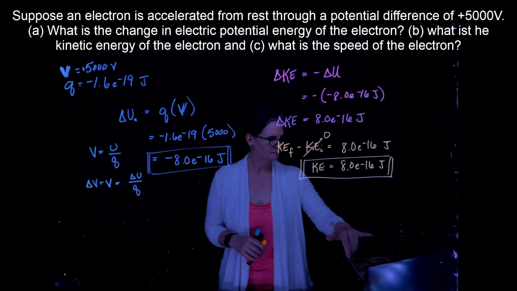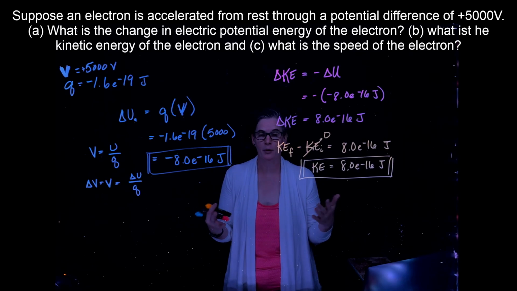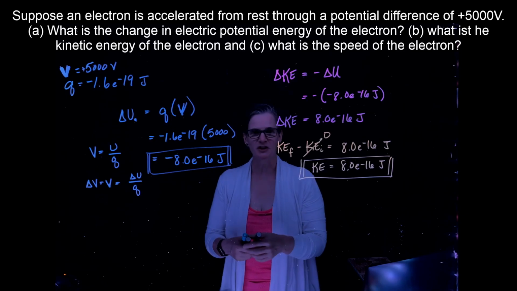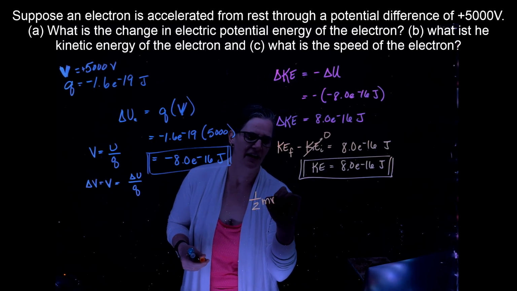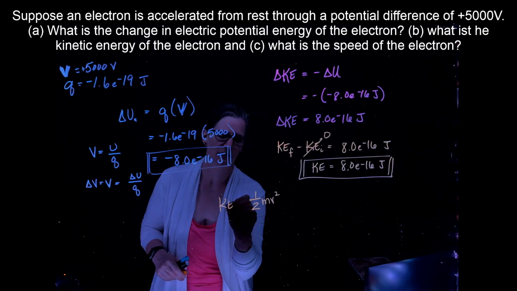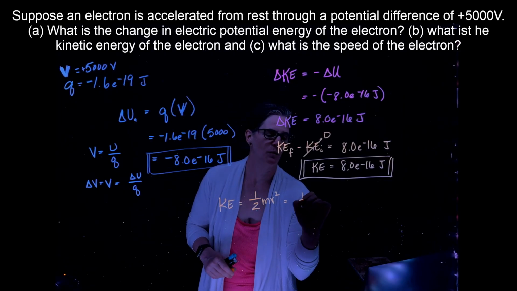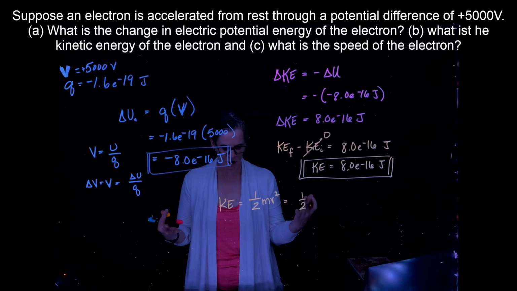All right, and then the last piece: what is the speed of the electron at that point in time? Well, that's just our relationship for kinetic energy. We know kinetic energy is 1/2 mv squared. And so we have 1/2, and we need the mass of an electron, which is a known quantity.